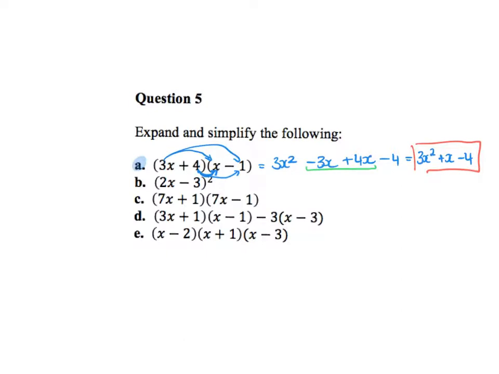Okay. With the next one down here under B, I'm just going to move up. We have to remember this is the perfect square rule. So if we have (a plus b) squared, we know it's always the first term squared plus 2ab plus b squared. Okay, so we know that this is also like saying a plus b times a plus b.